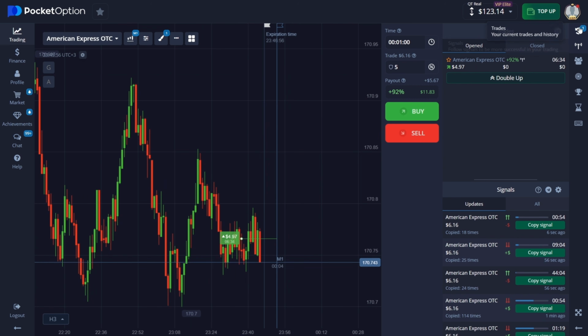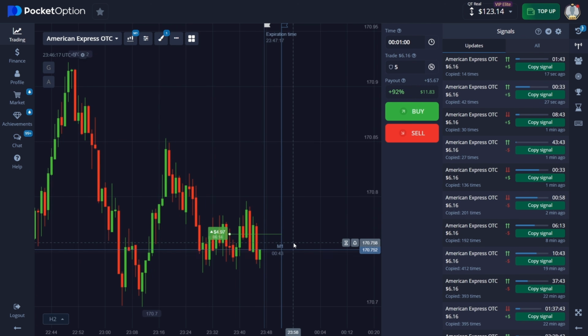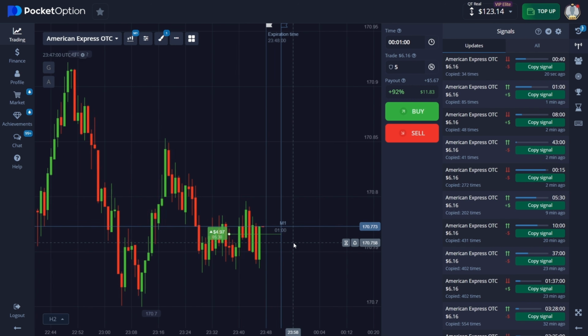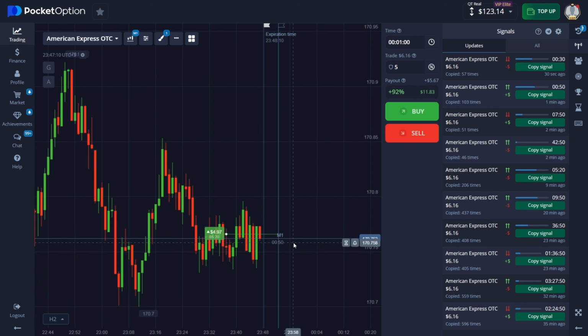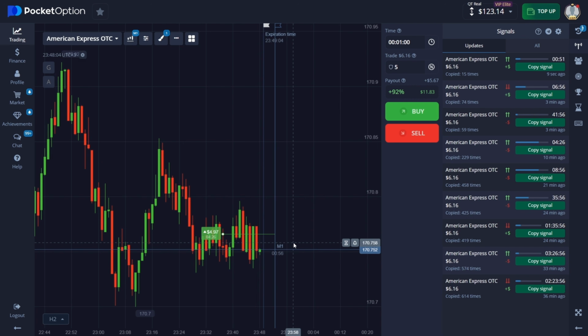Let's go back to American Express OTC. As you can see, our 15-minute trade is currently not in our favor, but we still have 4 minutes and 23 seconds left. Let's wait for this trade to close.